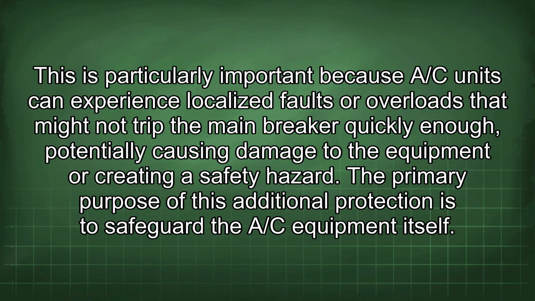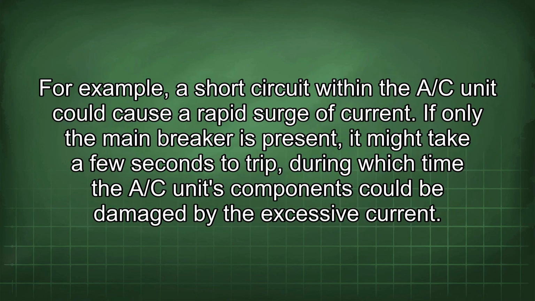This is particularly important because A/C units can experience localized faults or overloads that might not trip the main breaker quickly enough, potentially causing damage to the equipment or creating a safety hazard. The primary purpose of this additional protection is to safeguard the A/C equipment itself. For example, a short circuit within the A/C unit could cause a rapid surge of current.